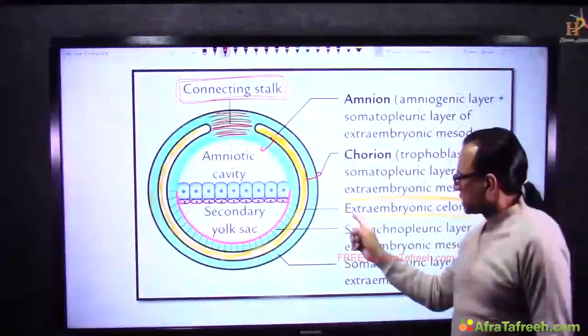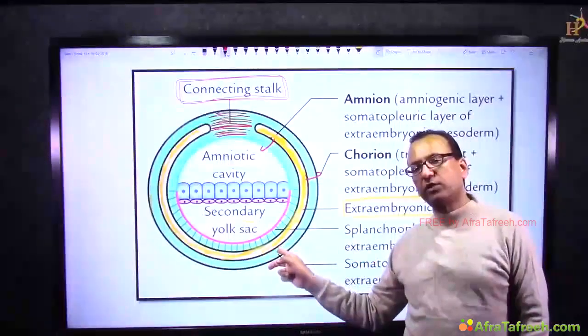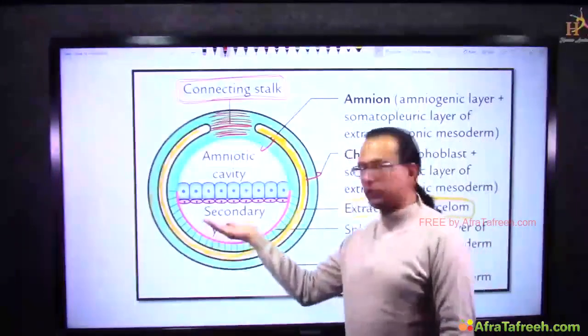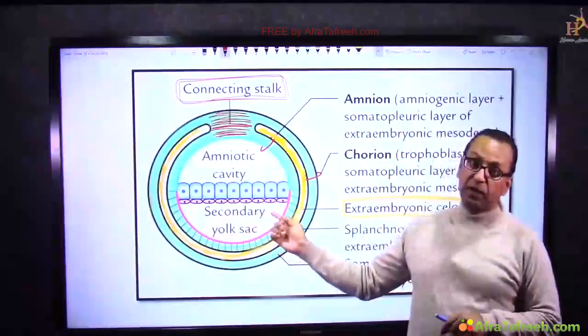This extra embryonic coelomic cavity is dividing extra embryonic mesoderm into two parts. The one which is towards the yolk sac, which is now called the secondary yolk sac.